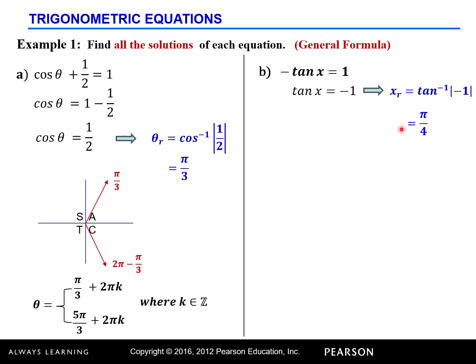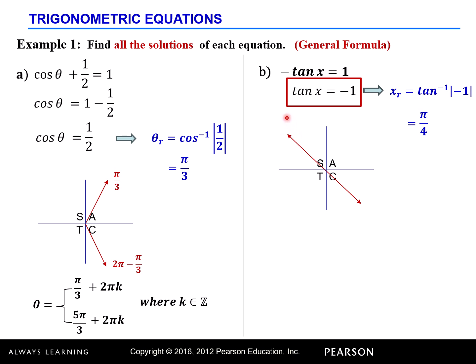So this reference angle, we will use to find the rest of the angles. First, let us draw the Cartesian plane, and we have to find out where tangent x is a negative number. It is negative in the second quadrant and in the fourth quadrant.